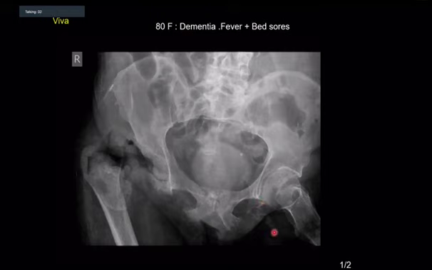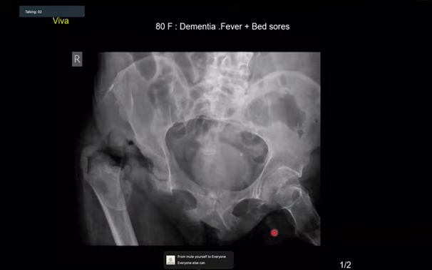Okay, so I've got a frontal radiograph of the pelvis in an 80-year-old female presenting with fever and bed sores. I can see there has been a destruction of the right femoral head, the right inferior pubic symphysis, and the left inferior pubic symphysis, because I cannot trace an outline around the cortices of all of these three.